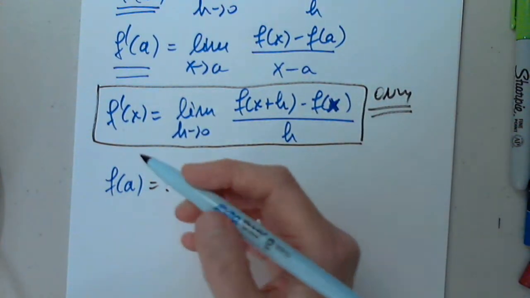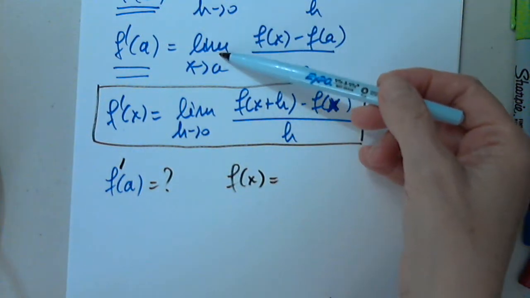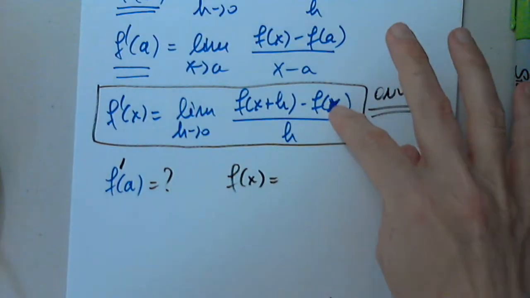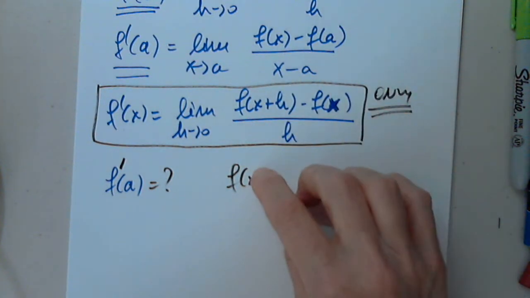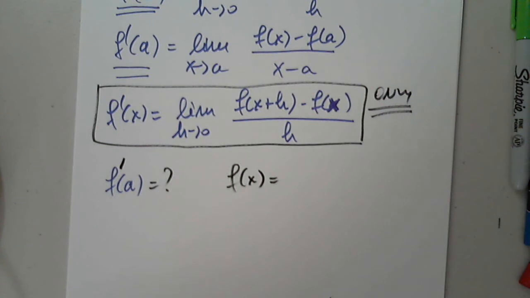If they're asking you to find f prime of a, you can use this or this or this. I don't care. So they have to specifically ask for f prime of a for you to use either of those other two? Correct. But again, I'm happy if you use this, and at the end you say, I found f prime. Okay, now I'm going to plug in a, and this is it. I'm happy with that.